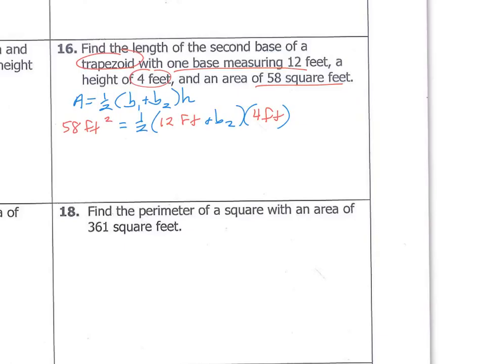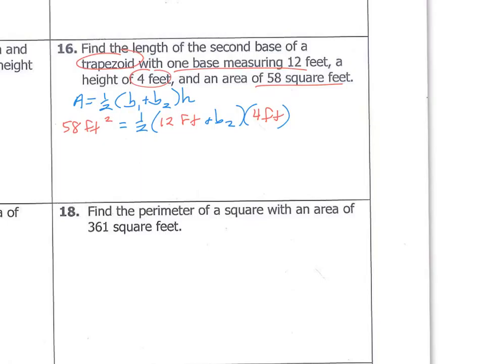So here's my suggestion. I would not suggest distributing the 1/2, because some of you are just going to take half of 12 and you're going to forget that if you took half of 12, you have to take half of b sub 2. I personally wouldn't do that. Now you could take half of the 4, but most of you are going to mess that up. So my suggestion would be get rid of the half altogether. How are you going to get rid of the half?